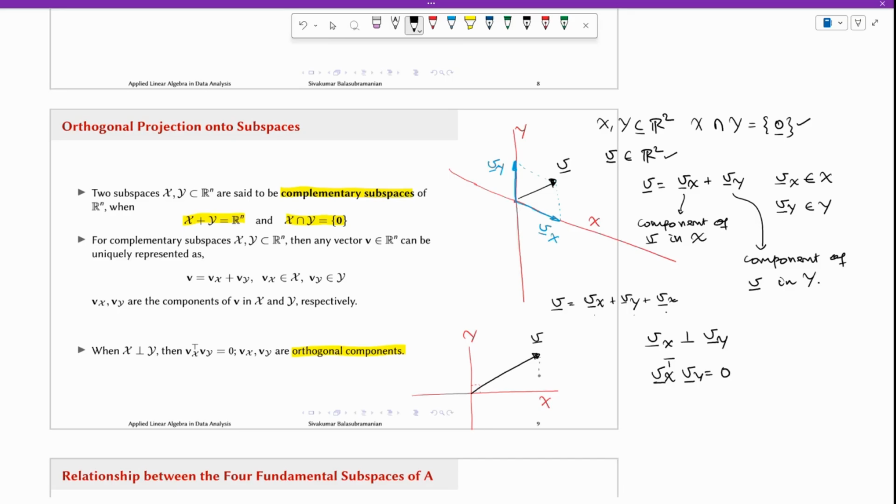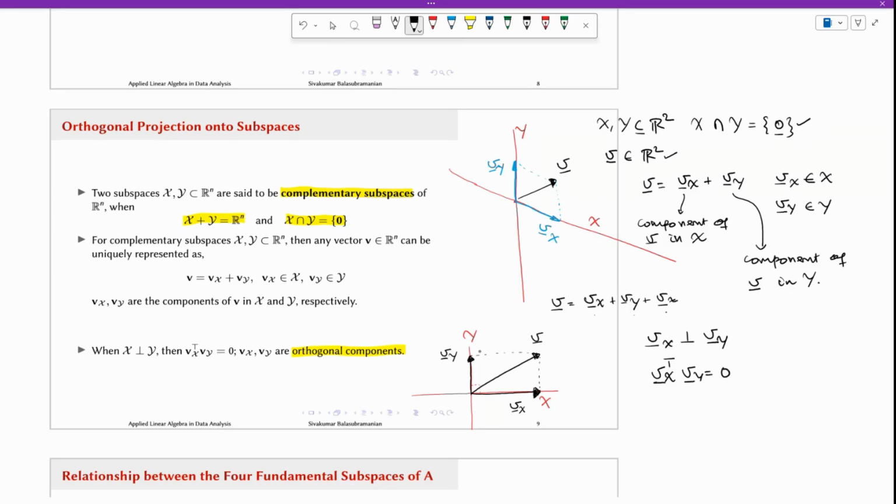That means my Vx has to be this, and Vy this. But if you look at this, Vx is simply the orthogonal projection of V onto the subspace X. Similarly, Vy is the orthogonal projection of V onto the subspace Y.